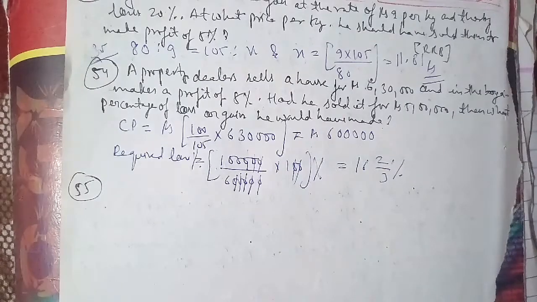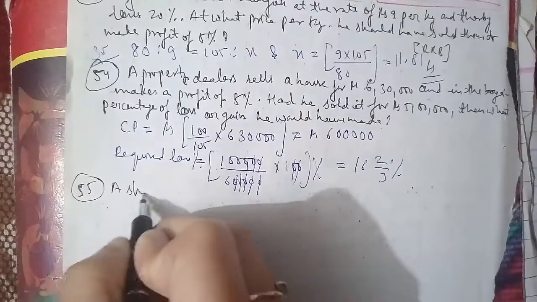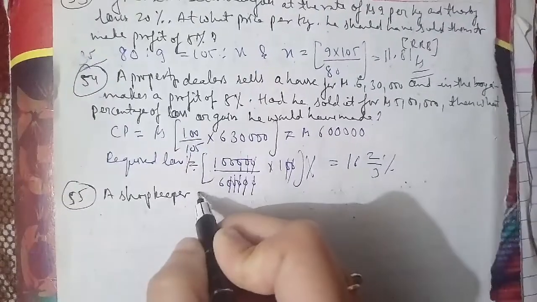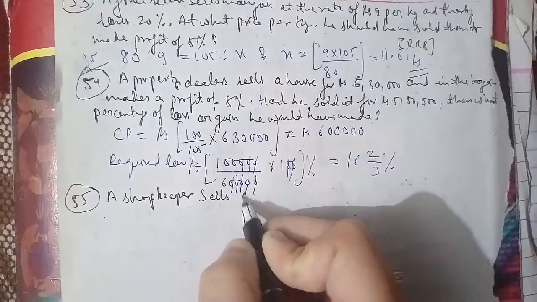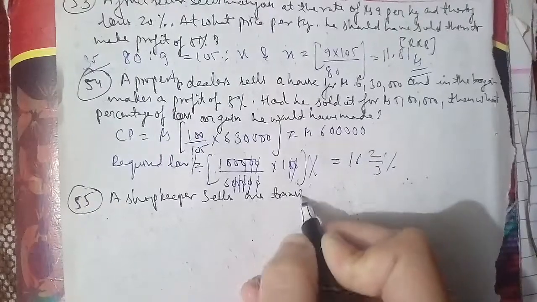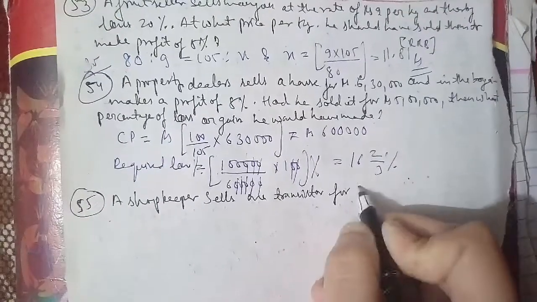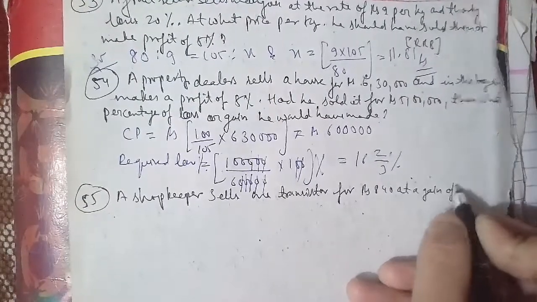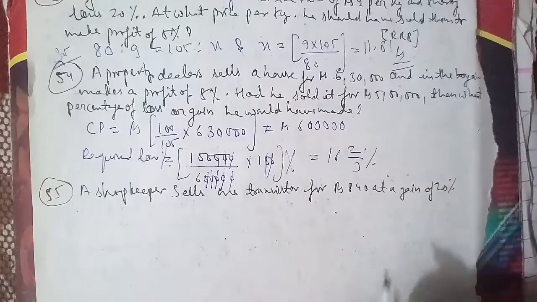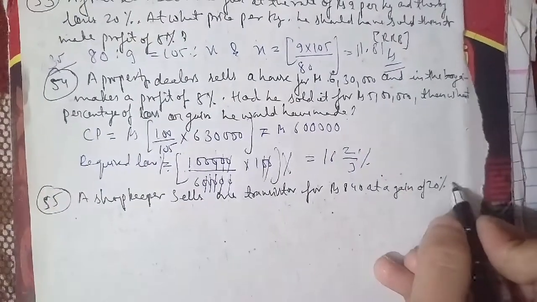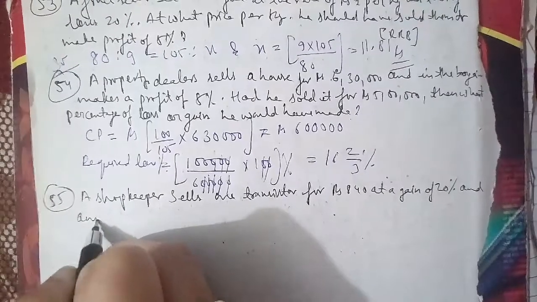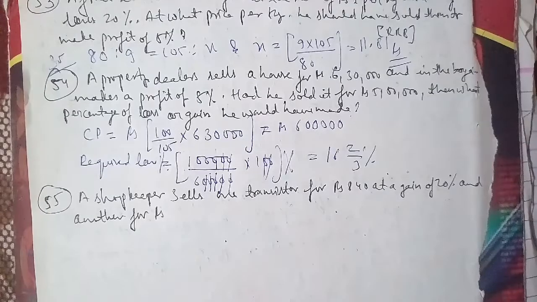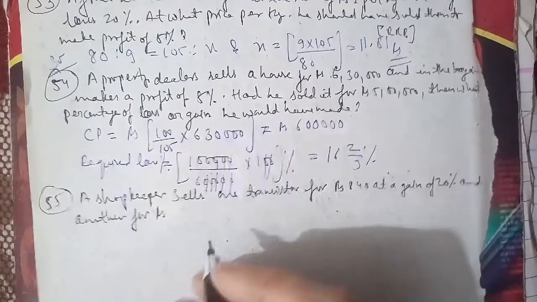So we'll find it out. A shopkeeper sells one transistor for rupees 840 at a gain of 20% and another for rupees 960 at the loss.